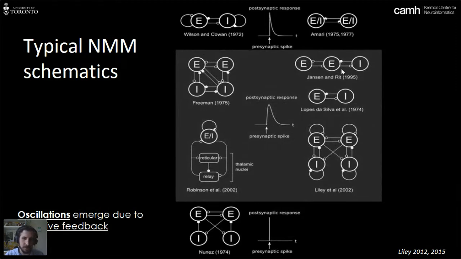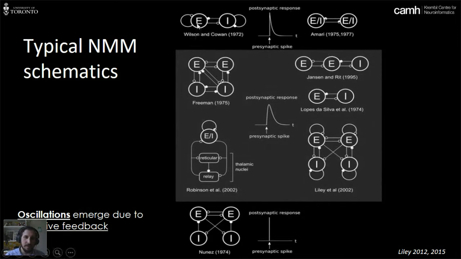This figure on the right hand side is a very nice schematic from a very nice review article from David Liley from a few years ago, showing many of the neural mass model schematics that are used in the literature. As you can see, they are small motifs that use essentially minor variations in the number of excitatory and inhibitory populations and the topology of the wiring between them.